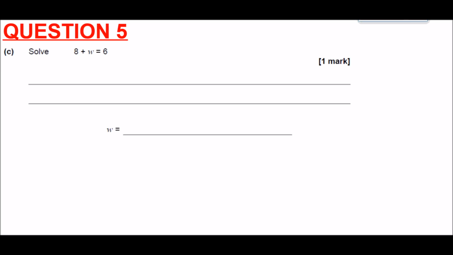Part C, we have that 8 plus w equals 6. So again, I'll just jump into doing the flowchart diagram method straight away for this one. So if I were to do that, then we've got w, and the first thing that happens to w is we add 8 to it.